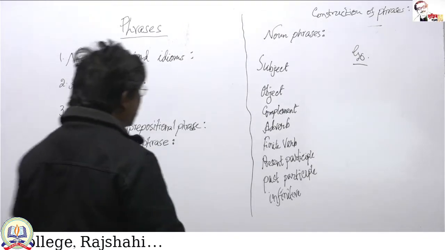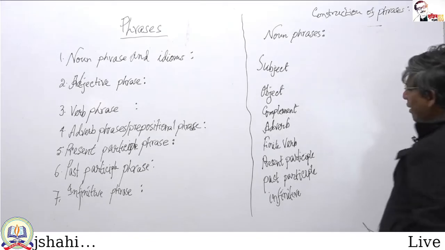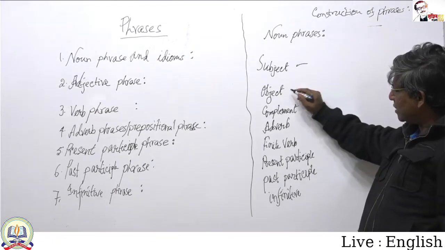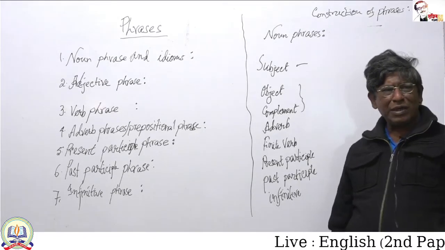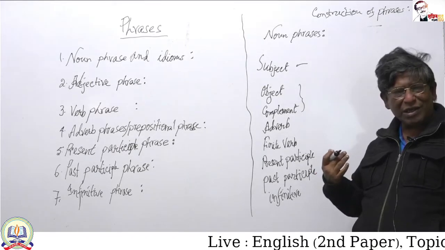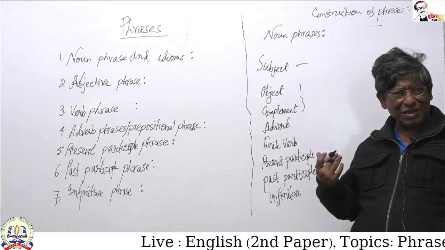Therefore, we need to know the different units in a sentence. And I think all of you know what a subject is. There is a confusion between the units, considering the definitions of an object and a complement in a sentence.